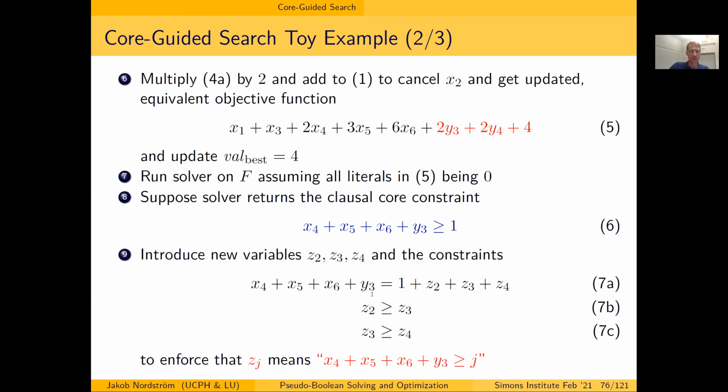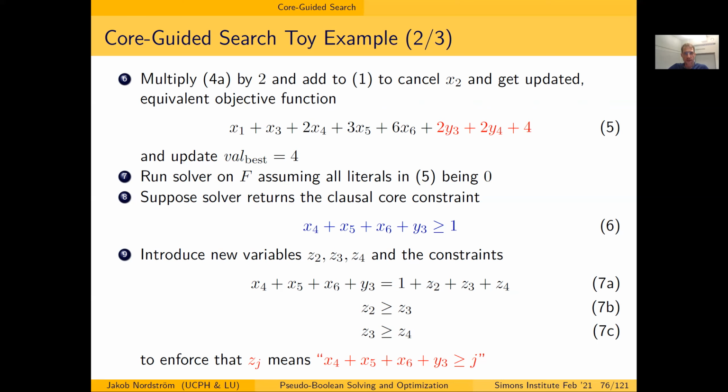It turns out that you could be lazy here and not introduce Z3 and Z4. You could just introduce Z2. You'll have to use a different encoding, but you could just introduce Z2 as an indicator that more than one of these literals are true.